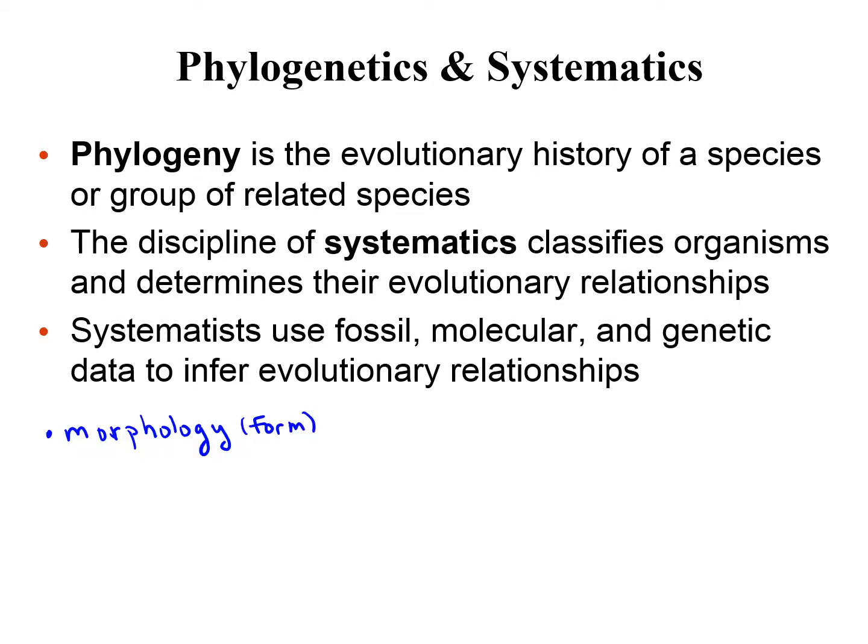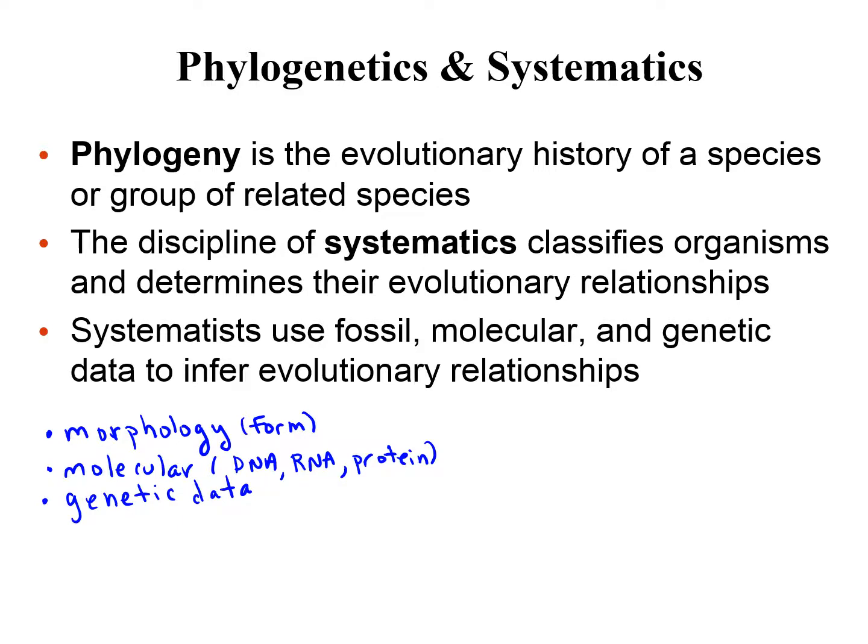We can also use molecular data. Molecular data would include looking at sequences of DNA, RNA, and proteins, so the amino acid sequences. And then we could look at genetic data as well, so we could look at the types of genes that are present in different organisms. By comparing using any of these approaches, any of them is still going to allow you to infer evolutionary relationships.